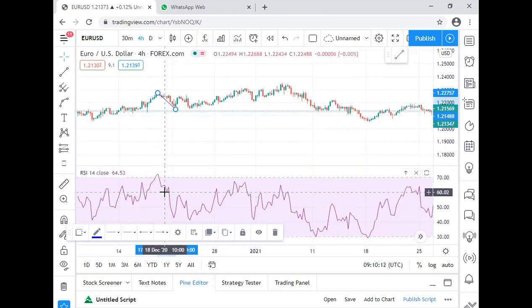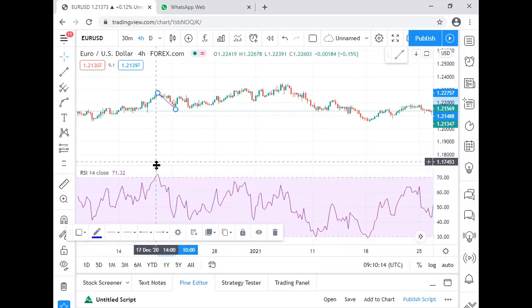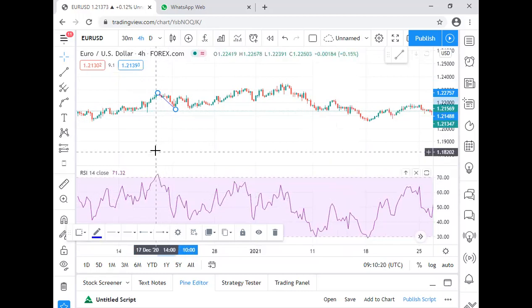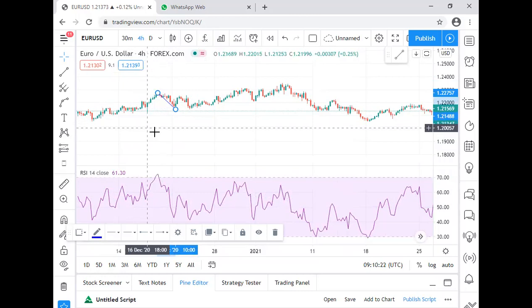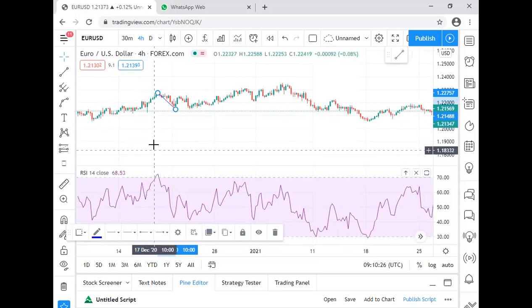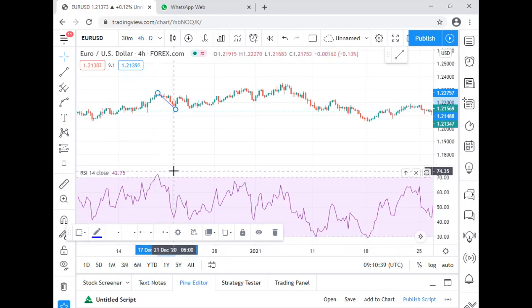So this is not rocket science. Indicators are just used for extra confirmation or confluence. Please, it wouldn't work always. So you just need that extra confirmation to avoid fake outs most times in the market. So the RSI should be used as an extra confirmation for whatever trades you want to make.